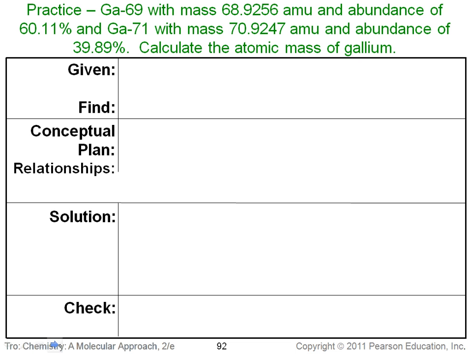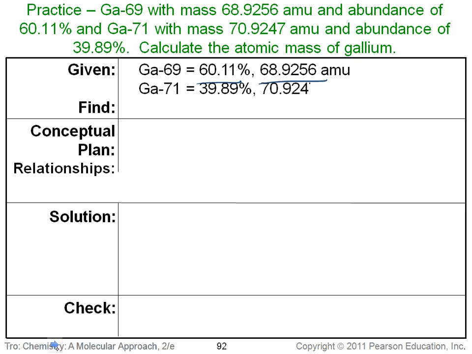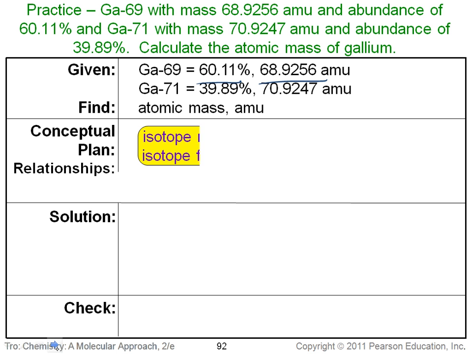All right, so we set up the problem. You write down what's given. Make sure that you use the right percentage with the right AMUs. And again, a little less than 69 AMUs, because of the mass converted to energy. Do the same thing for gallium-71. What we're going to find is the average atomic mass, or we just say atomic mass, in AMUs.